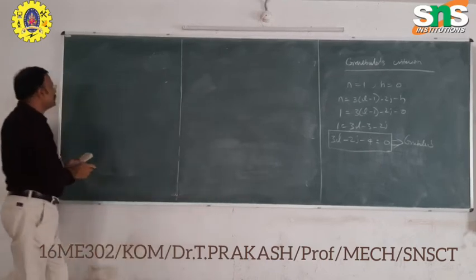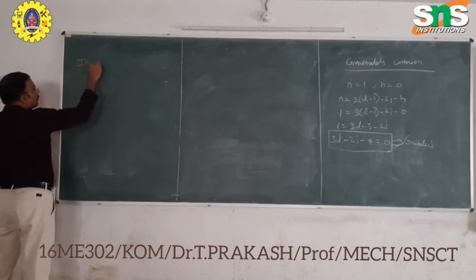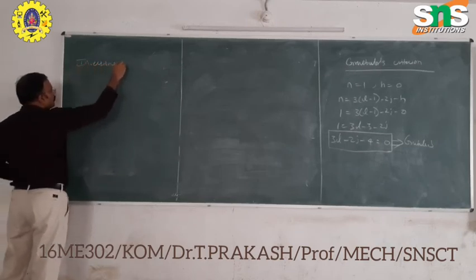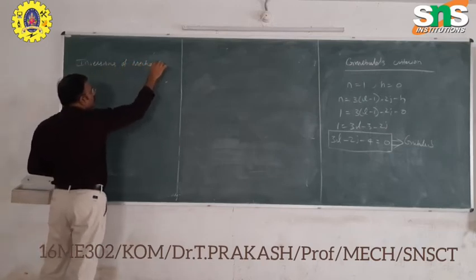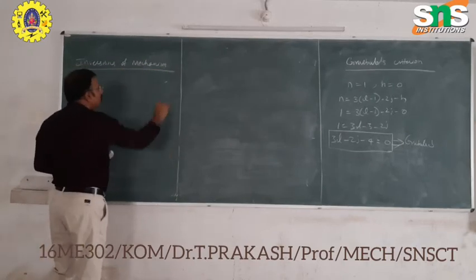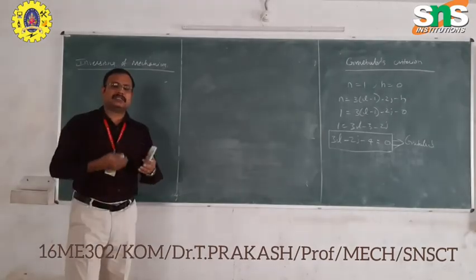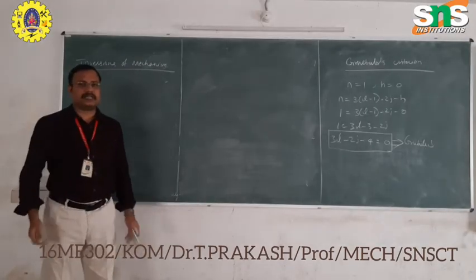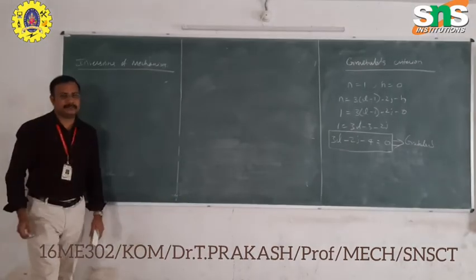What is the meaning of inversions of mechanism? As the name itself implies, inversion means changing the position of the mechanism, changing the position of the linkages, or changing the position of the fixed link.